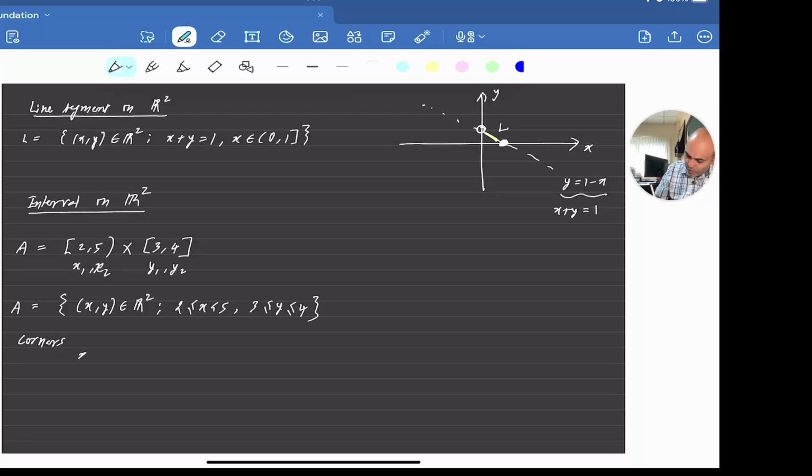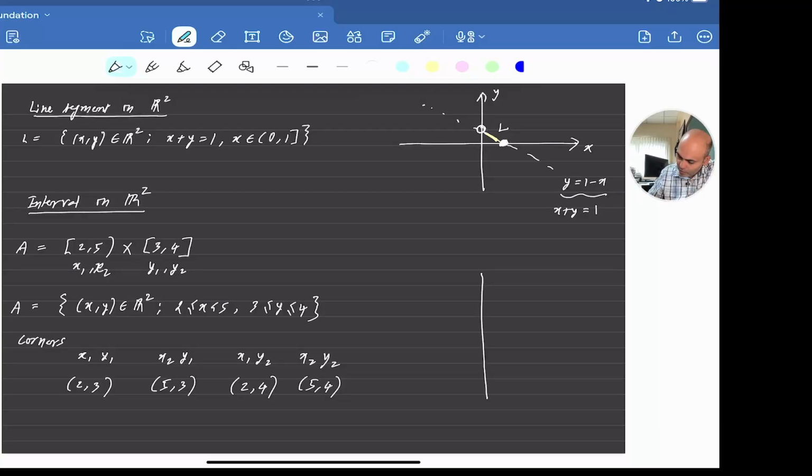So we'll have to write all possible combinations of x and y: x1, y1; x2, y1; x1, y2; x2, y2. x1, y1 is the point (2, 3), x2, y1 is (5, 3), x1, y2 is (2, 4), and x2, y2 is (5, 4).